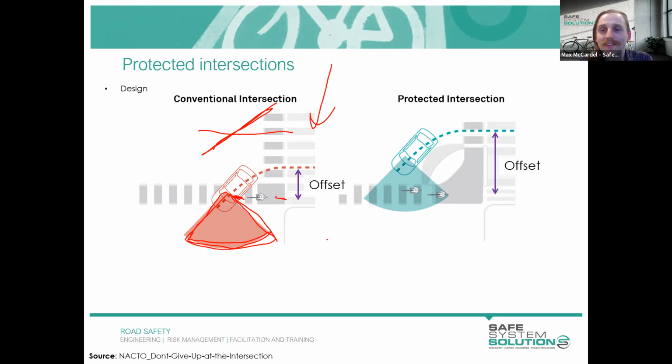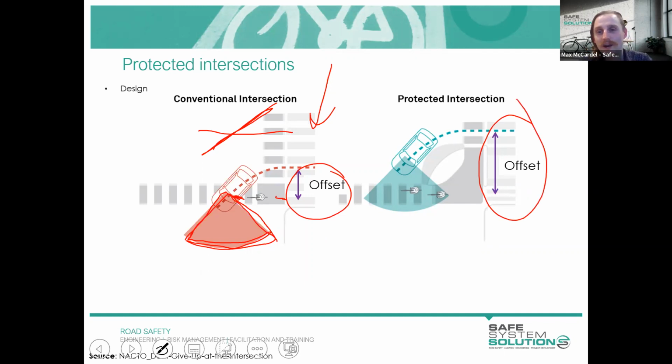And the critical thing that changes a conventional intersection to a protected one is you'll see that this offset is greatly increased. And the offset refers to the general traffic lane to the bicycle lane. So an offset is just a fancy way of saying the distance or the width, the space in between the bicycle lane and the general traffic lane. That's really critical.